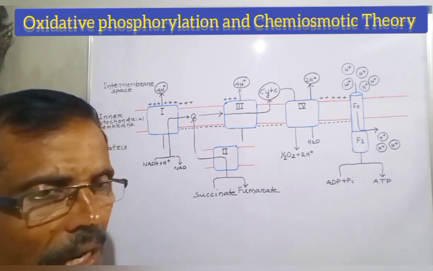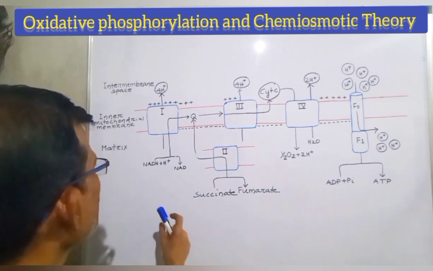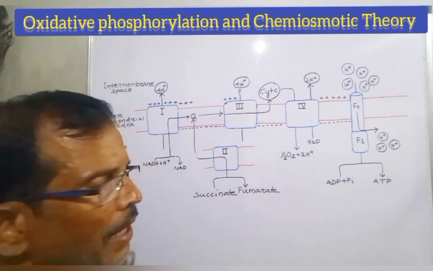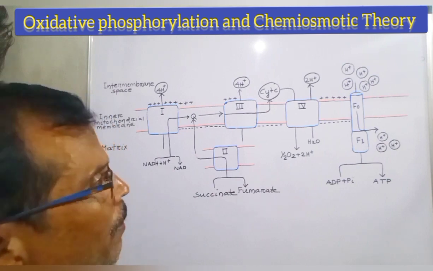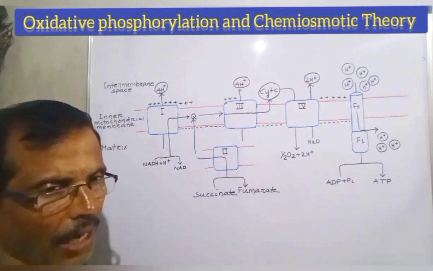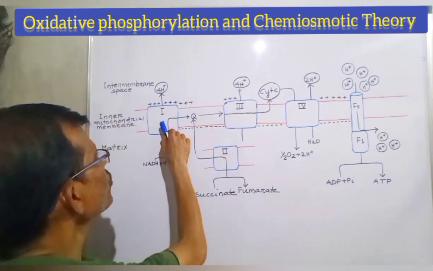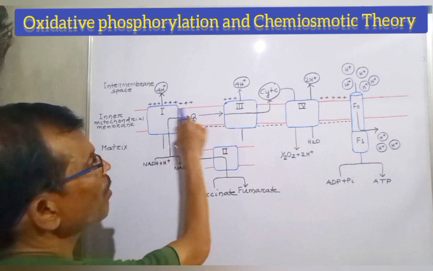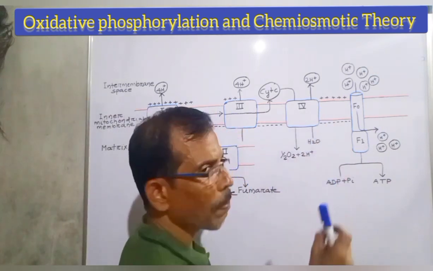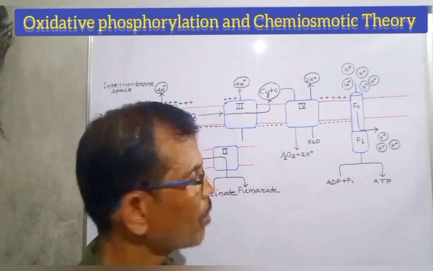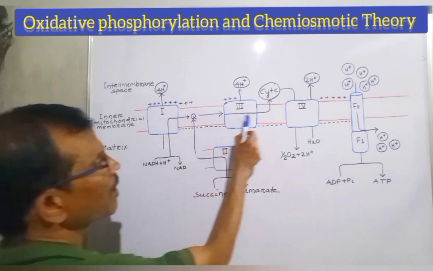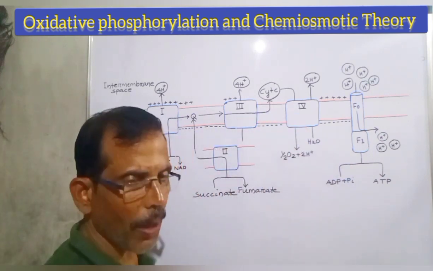For every pair of electrons transferred from NADH to molecular oxygen, 10 protons are pumped from the matrix to the intermembrane space. Out of 10, 4 protons are pumped by complex 1 and complex 3 each, whereas complex 4 pumps only 2 protons.